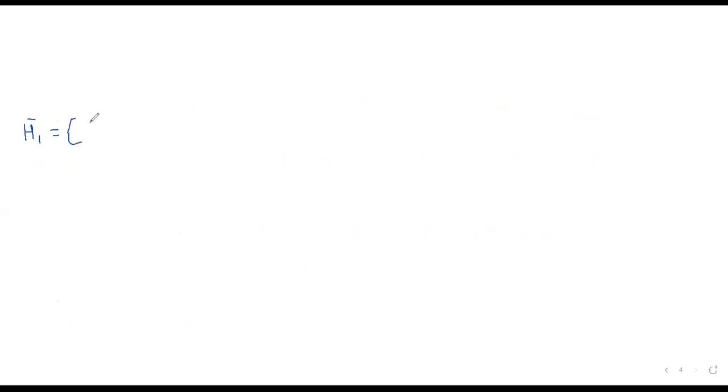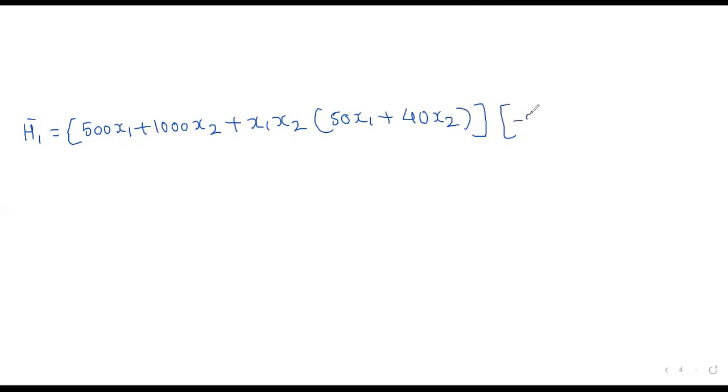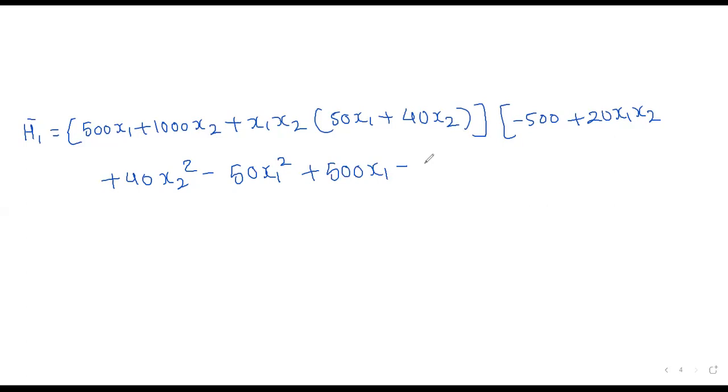The h value will be 500 x1 plus 1000 x2 plus 50 x1 x2 plus 40 x2, then minus 500 plus 20 x1 x2 plus 40 x2 square minus 50 x1 square, plus 500 x1 minus 20 x2 x1 square minus 40 x1 x2 square plus 50 x1 cube. The whole relationship.